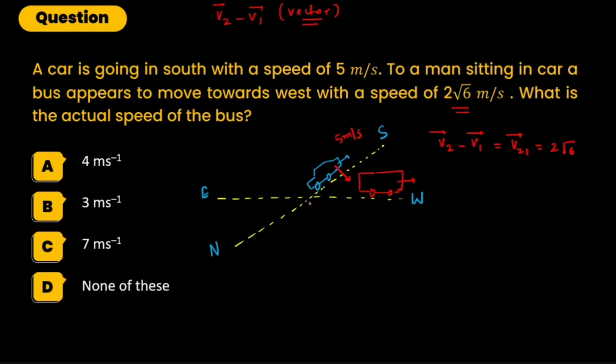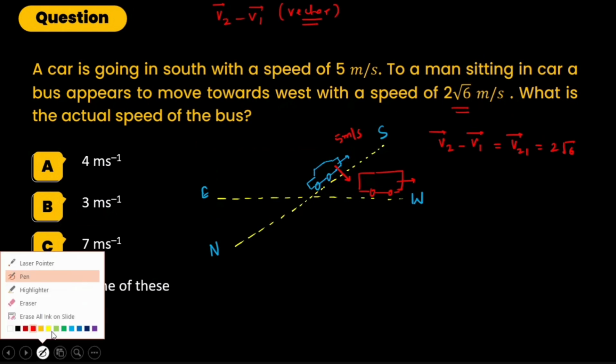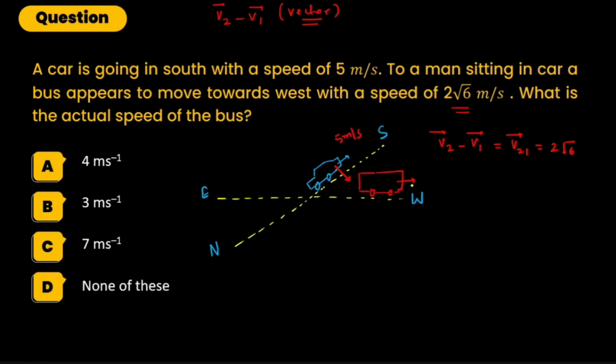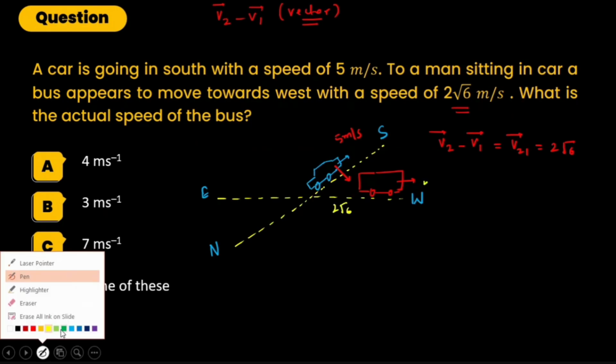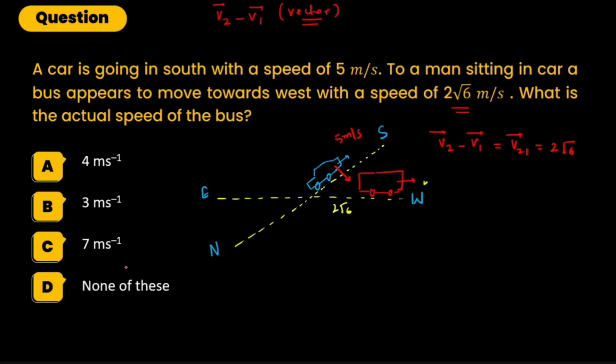Now this is a vector thing. It is not something we can solve directly. So this velocity is supposed to be 2 root 6. We have to find this velocity. Now let us try to draw the velocities in the form of vectors. First the velocity of the car, it is going to be in this direction. Then the velocity of the bus, it is going to be in this direction.